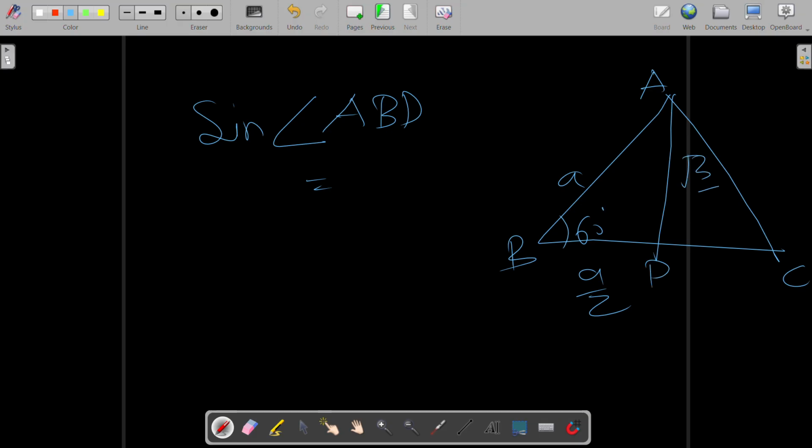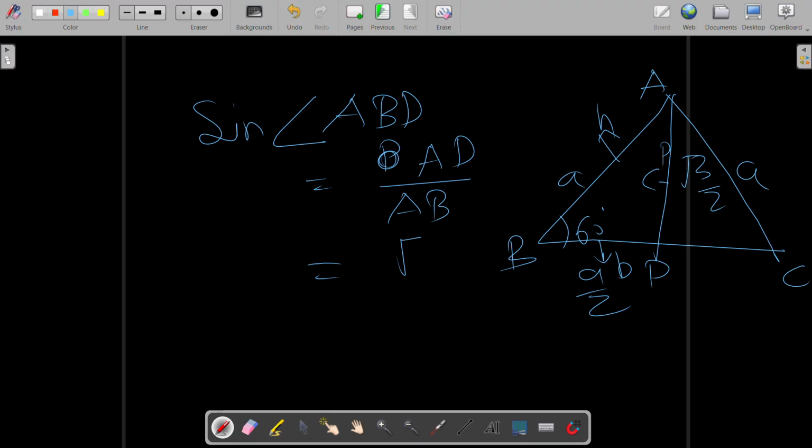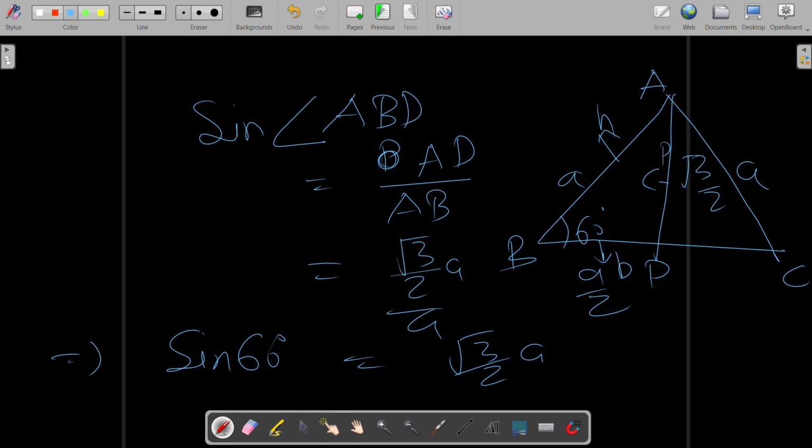This length is root 3 by 2 A. This is the base, this is the hypotenuse, and this is the perpendicular. So perpendicular AD by hypotenuse AB is root 3 by 2 A by A, which becomes root 3 by 2. So the value of sine 60 degrees is root 3 by 2.